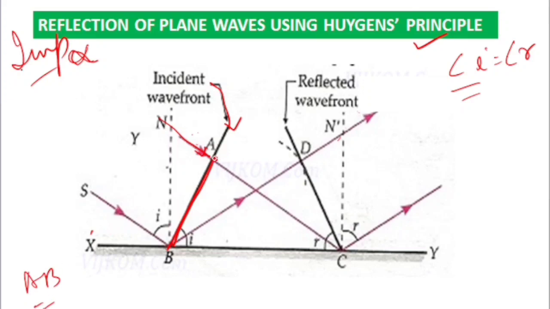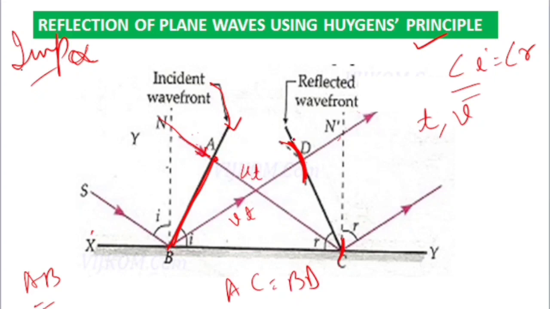So when the disturbance from point A reaches point C, the disturbance from point B at that time reaches point D. Suppose after time t, it moves with velocity v. The disturbance from A reaches C, and from B reaches D. It means AC is equal to BD. This one is v times t and this one is also v times t.